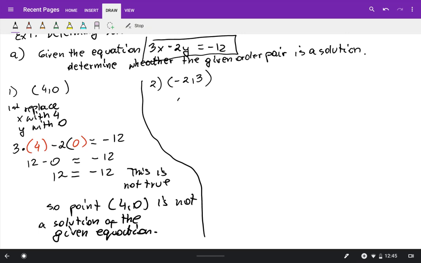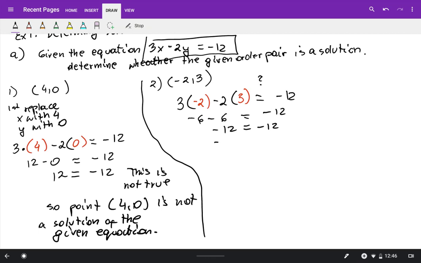So our equation will become 3 times negative 2, minus 2 times 3. And we're going to check if this is equal to negative 12. So we end up with negative 6 minus 6, and that's equal to negative 12.